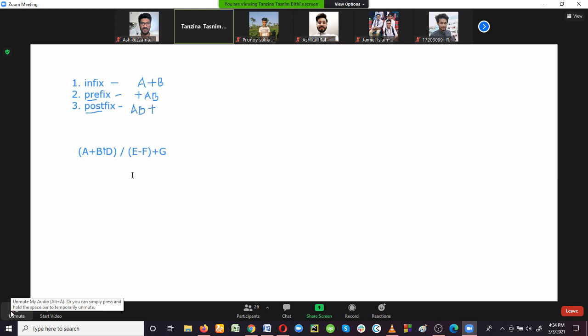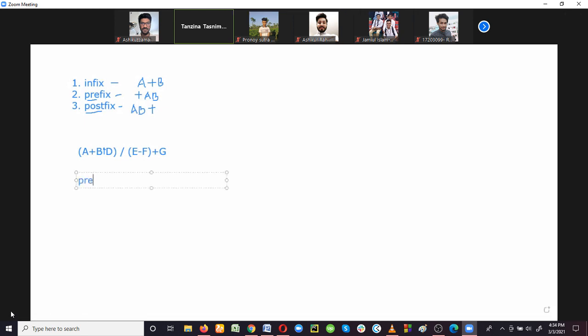So if we want to convert it into prefix notation, prefix means place the operator just before the operands, right? From where will we start converting this expression? We know that the operators have some precedence level. The parentheses have the highest precedence, then exponentiation, after that multiplication and division, and then addition and subtraction.